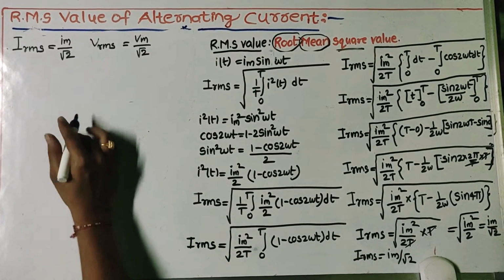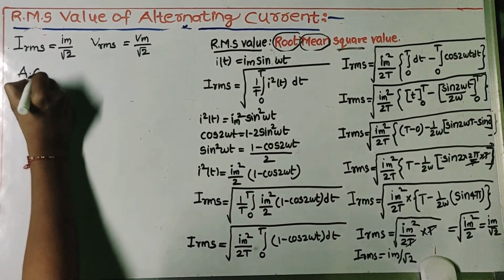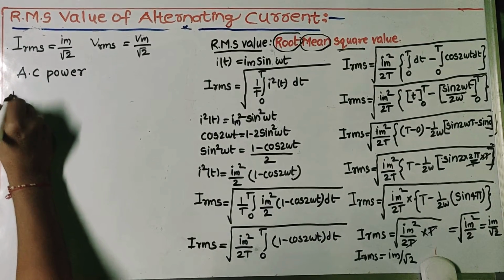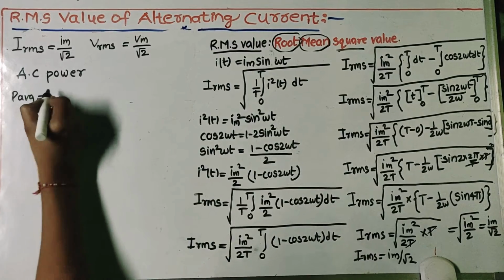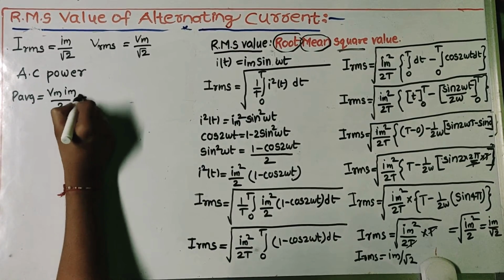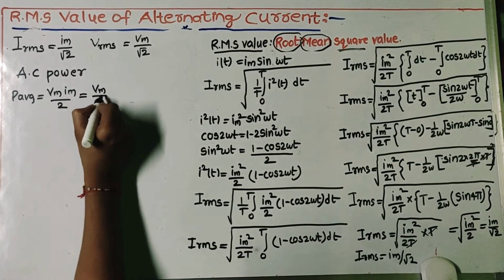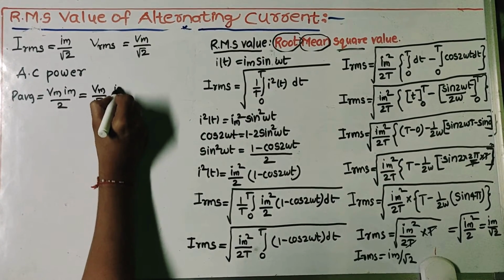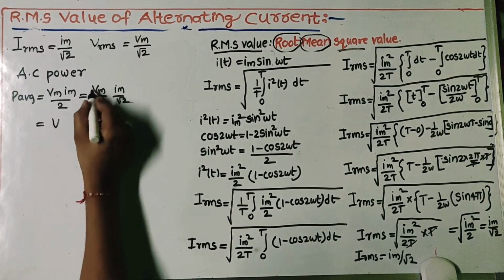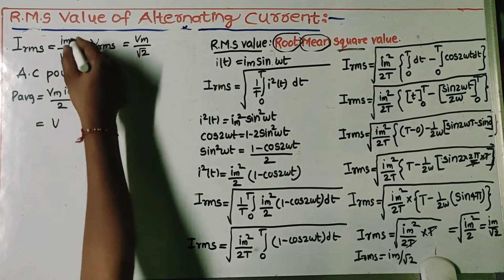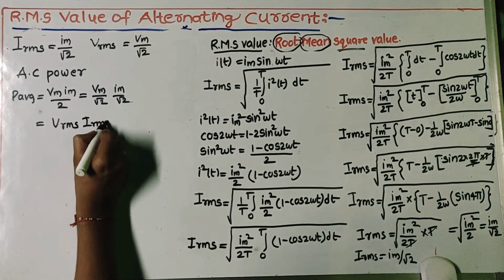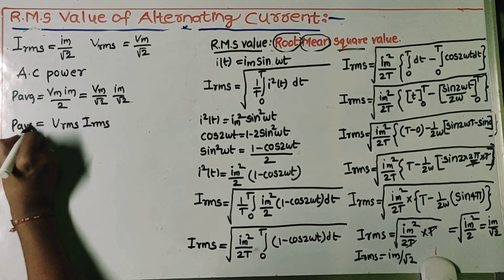What is the AC power we have calculated previously? The first formula is P average is Vm into Im by 2. This can be written as Vm by root 2 into Im by root 2, where Vm by root 2 is VRMS and Im by root 2 is IRMS. So VRMS into IRMS is the formula for P average.